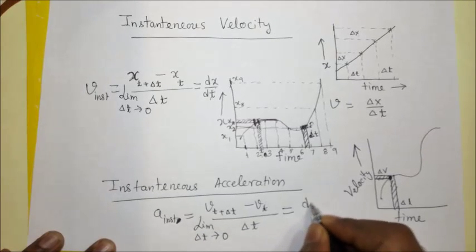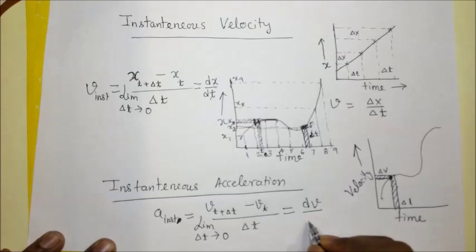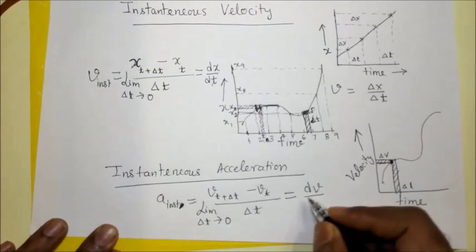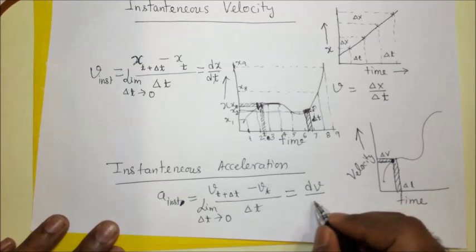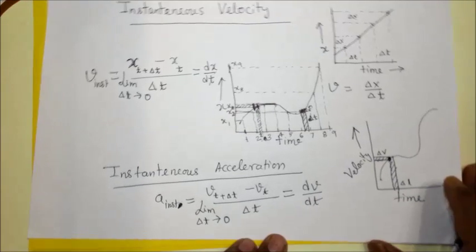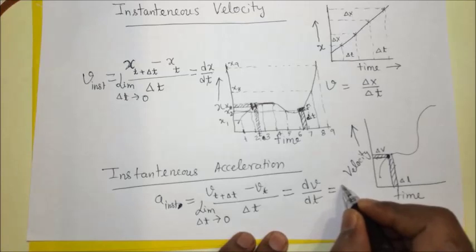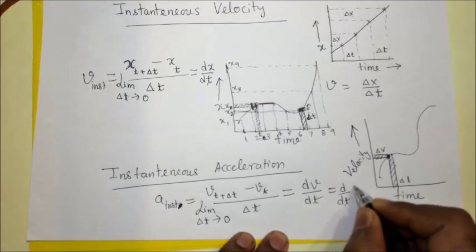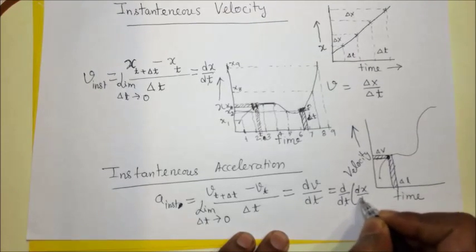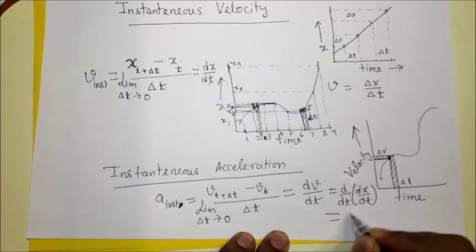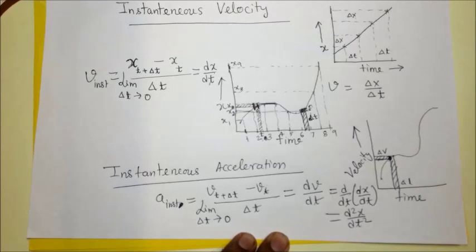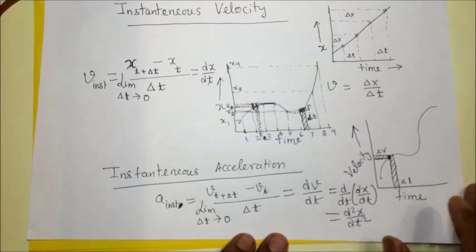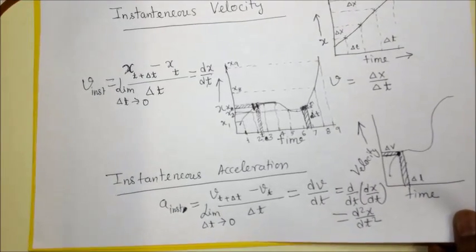That becomes dv over dt. And you can also write this as d over dt of v, where v is dx over dt. So this becomes d2x over dt2. Right?